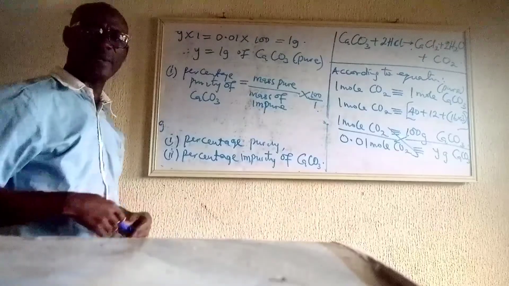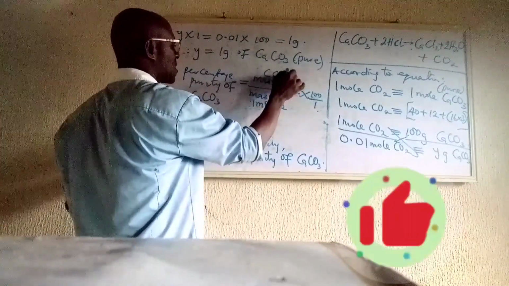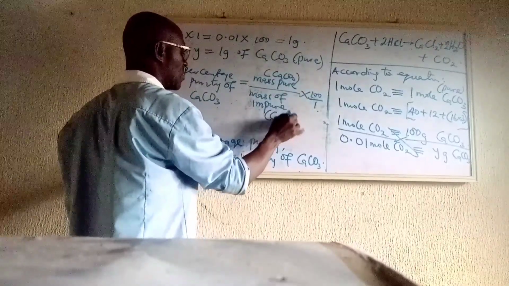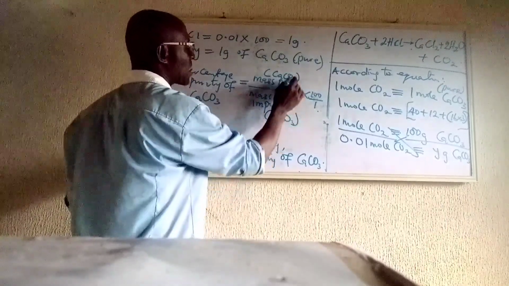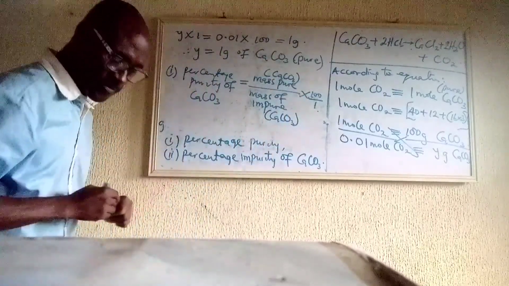That is how to find percentage purity. So pure what? That's pure calcium trioxocarbonate(IV), impure calcium trioxocarbonate(IV) rather. All right.